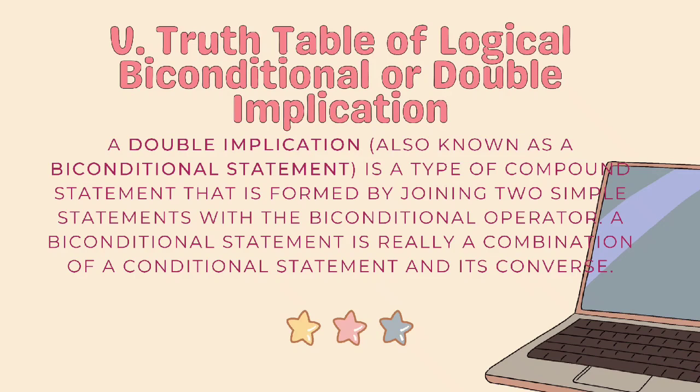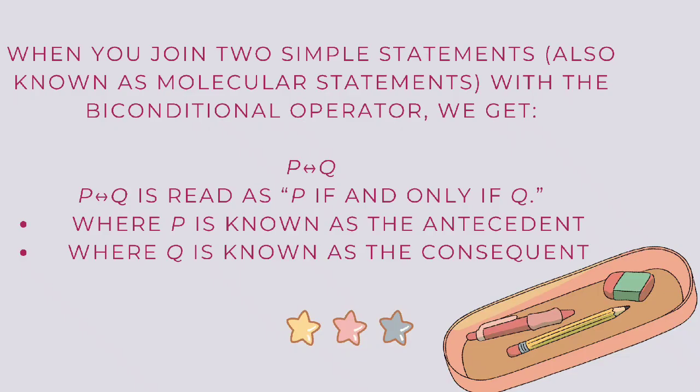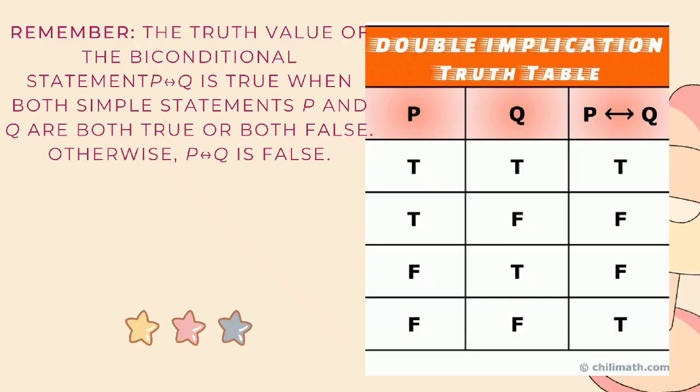The double-headed arrow is used to represent a biconditional statement when you join two simple statements, also known as molecular statements, with the biconditional operator. We read it as P if and only if Q, where P is known as the antecedent and Q is known as the consequent.